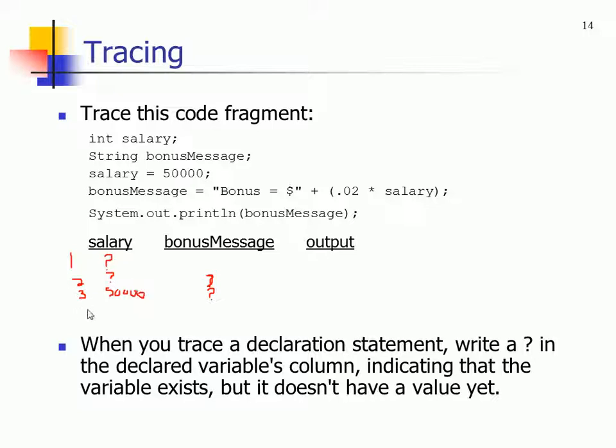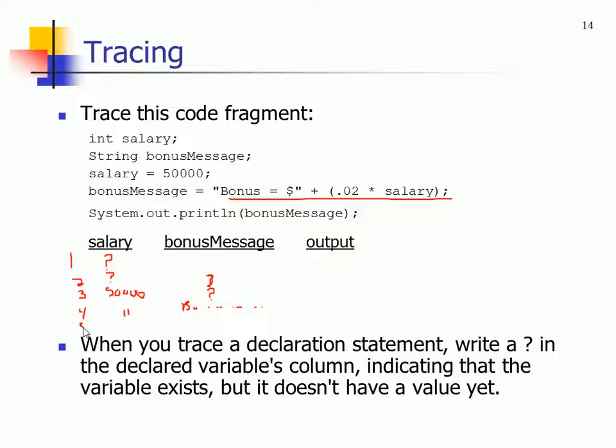So on line 4, what's the value of salary on line 4? It's still $50,000. We didn't change it. So pretend that's $50,000. Then bonus message becomes bonus blah, blah, blah, this whole entire thing. So on line 4, that's what becomes there.